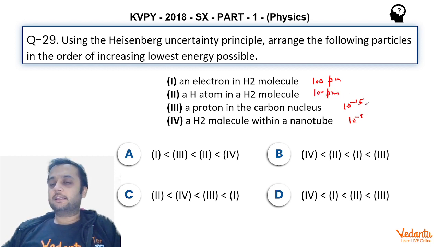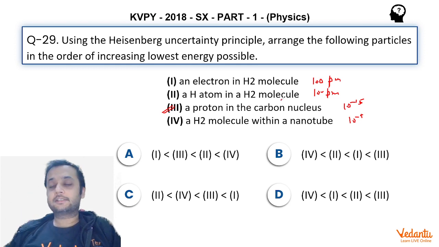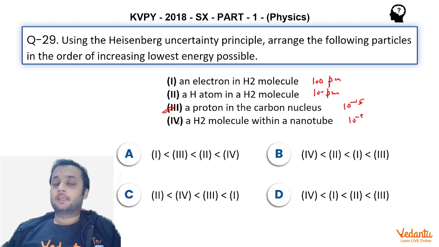So you can see that the least delta x will occur for proton in carbon nucleus, so this will have the highest energy, and the nanotube case will have the lowest energy. Between 1 and 2, delta x will be the same for both, but the electron has lower mass.